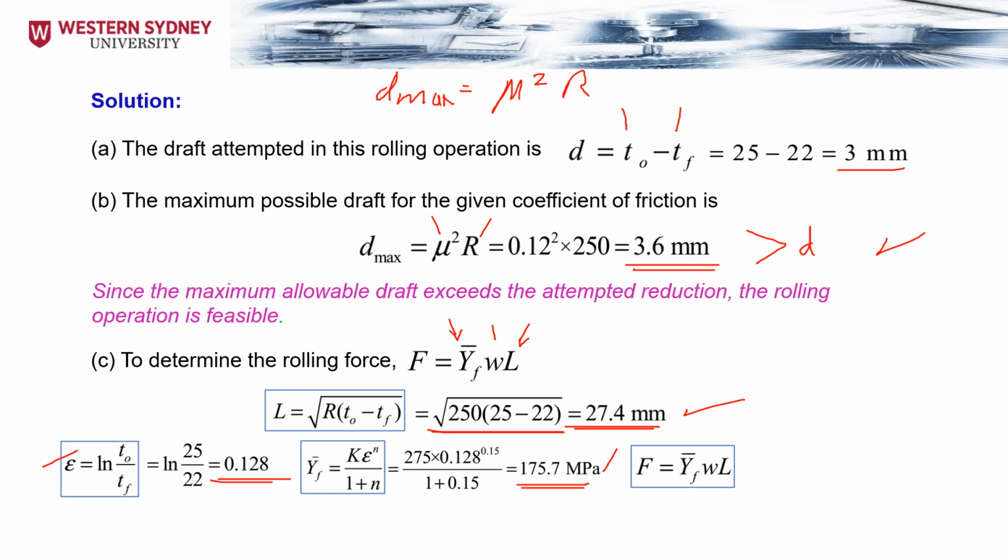Now I'm going to apply the value for F. So I'm going to have 175.7 megapascal multiplied by the width multiplied by L. So 175.7 multiplied by 300 multiplied by 27.4, and this will give me that the force is equal to 1,444,786 Newton. Done.